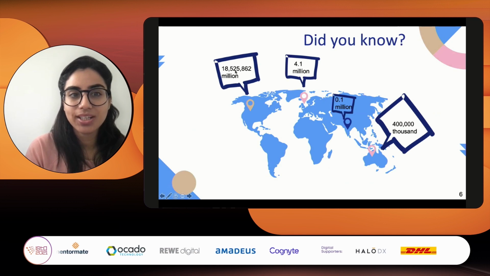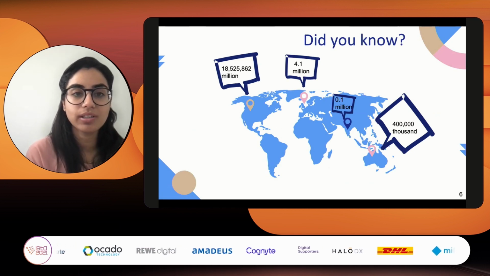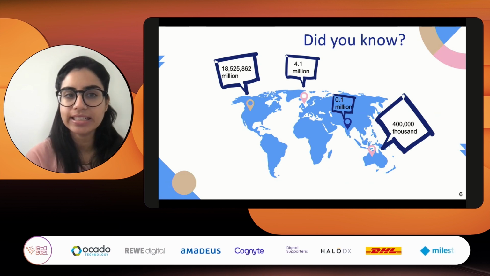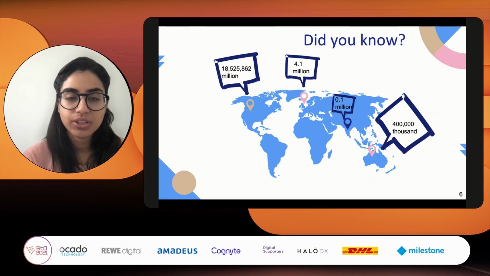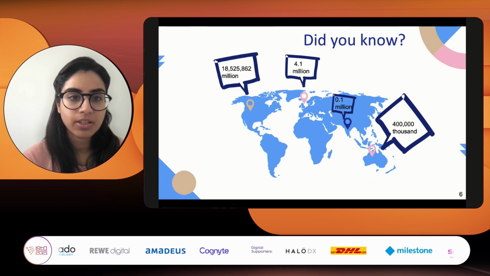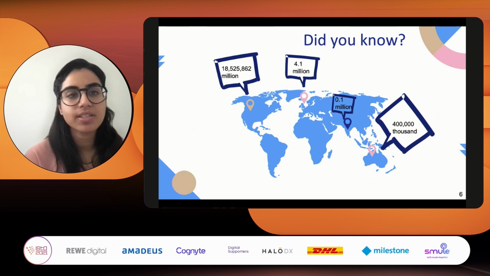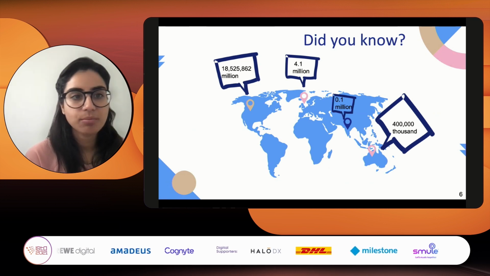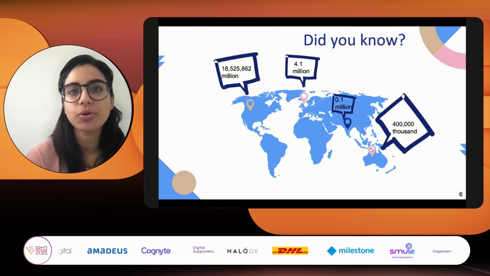So did you know these are the kind of numbers in some of the areas around the world that I could research and find details. So I've got Australia there, I've got India, I've got the UK, and I've got Northern America there. So they're big numbers, they're not small numbers. And sometimes I feel like if we don't know, we don't act.